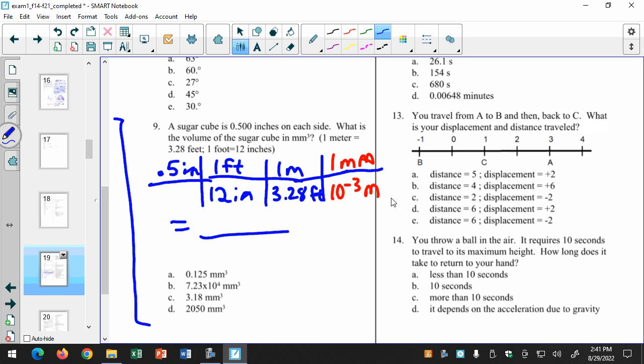I don't know what it is. But then we want to convert that value to cubic, or calculate the volume. To calculate the volume, I just say volume is length times width times height. And then I multiply this number times itself twice, I cube it, and then that gives me the volume.